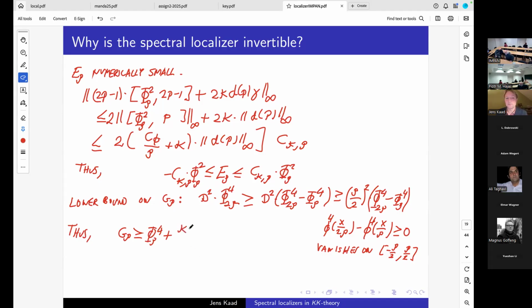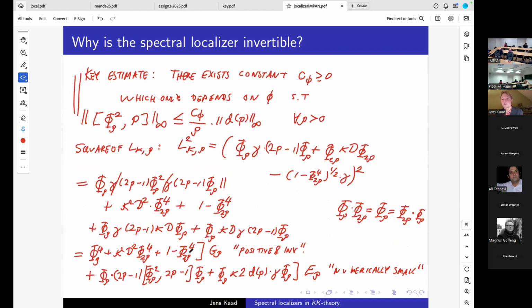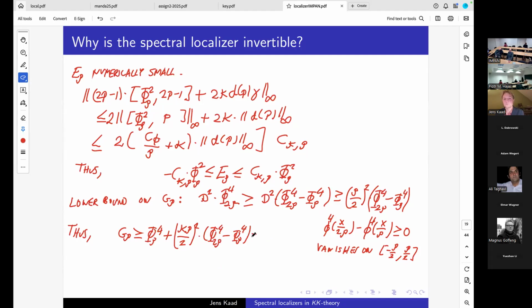So I get kappa rho divided by 2, squared, times phi 2 rho to the fourth minus phi rho to the fourth. And then my remaining term was 1 minus phi 2 rho to the fourth. Okay, so that's my lower bound on G rho.